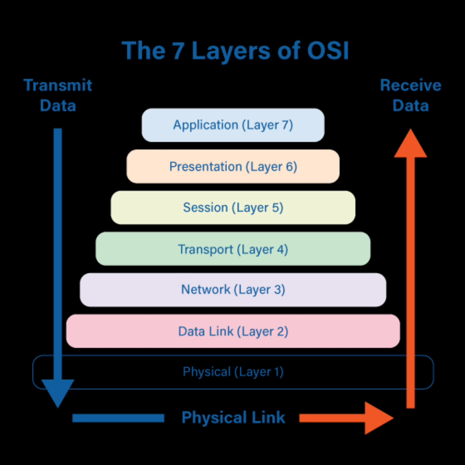The packet is received from the network layer and divided into frames. Its main functions are framing, physical addressing, error control, flow control, and access control.